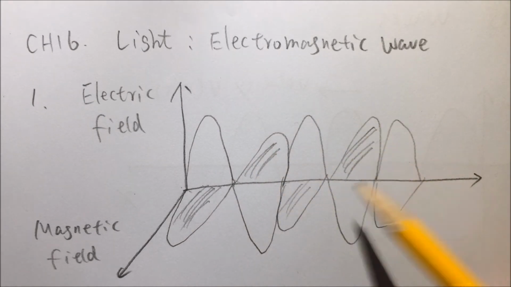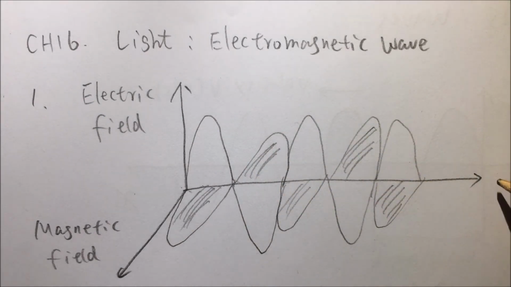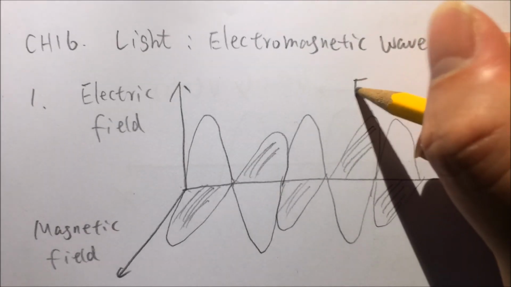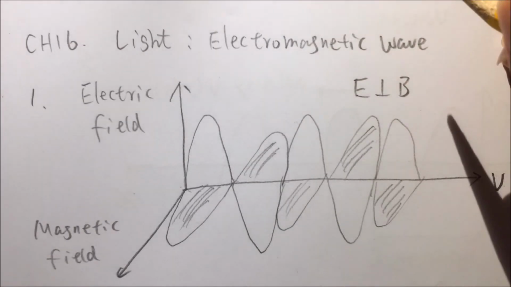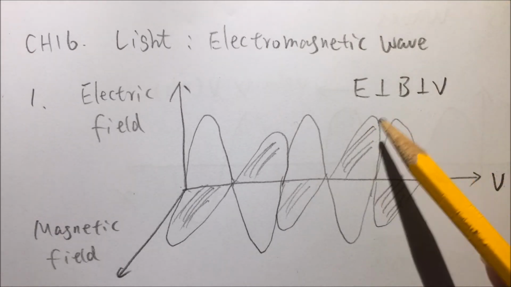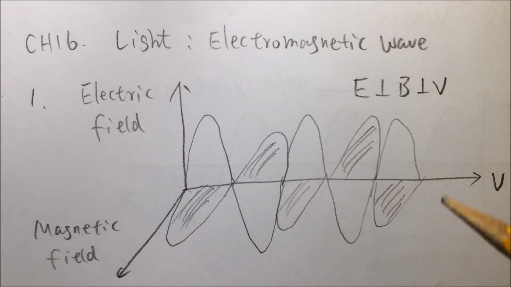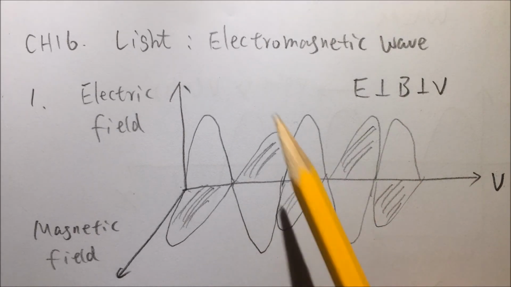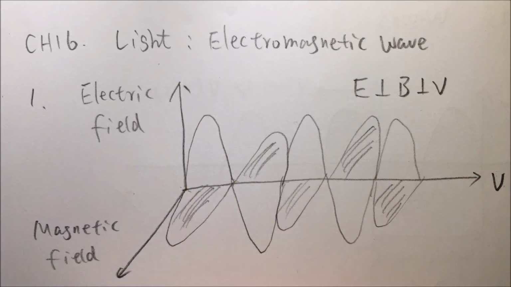And this is the propagation direction, the wave velocity. The three, electric field, magnetic field, and the wave direction, are actually perpendicular to each other. So in that case, we see the light is actually a transverse wave.